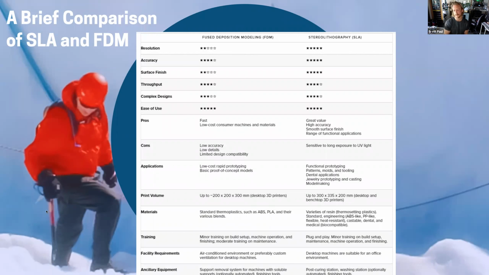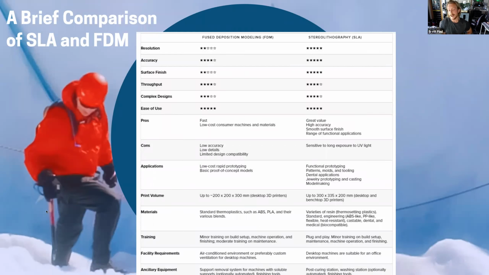Mason, did you have a question? Yeah, I was just going to ask if the FDM is significantly less expensive to purchase than the SLA. It is. So SLA printers, low end, start at about $2,000 and go up to $10,000+.